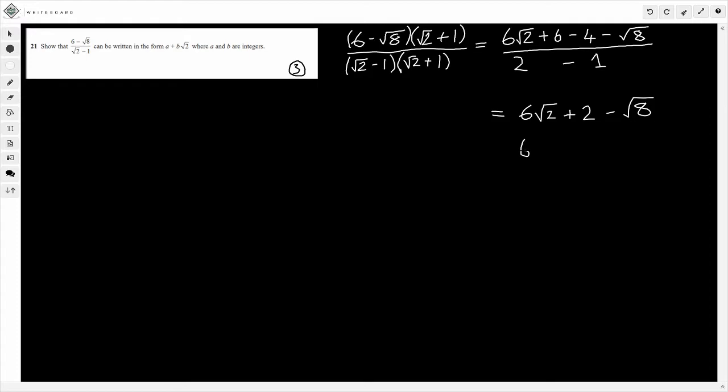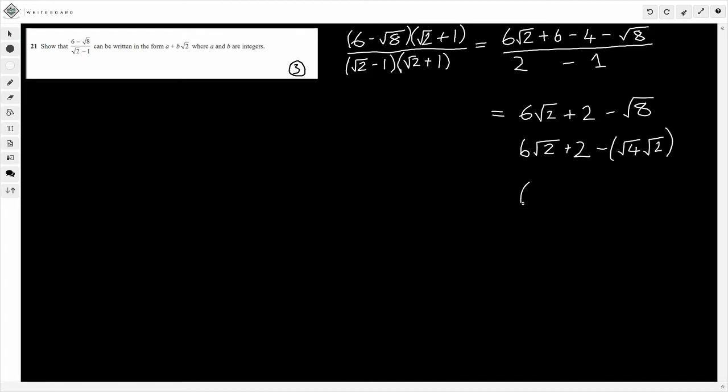So if we write this as 6 root 2 plus 2 again, remember we can decompose the surd into two other surds by multiplication. So this would be the same as minus root 4 times root 2. When you multiply surds like that, root 4 times root 2 gives me root 8. But root 4 is just the same as 2.